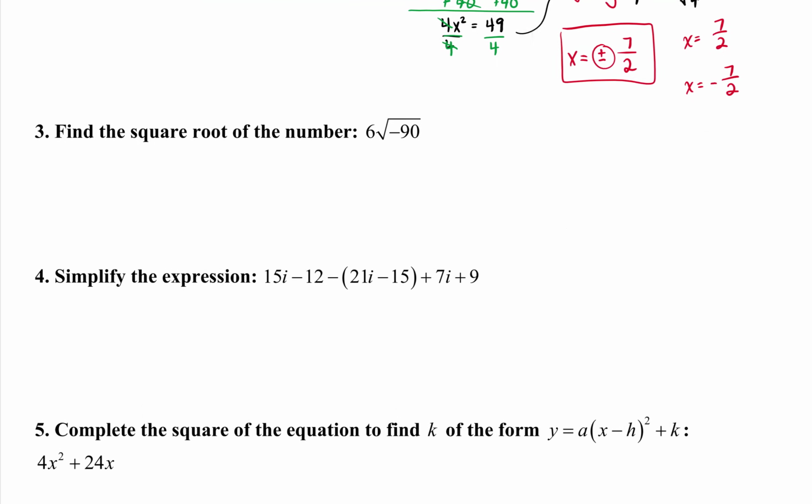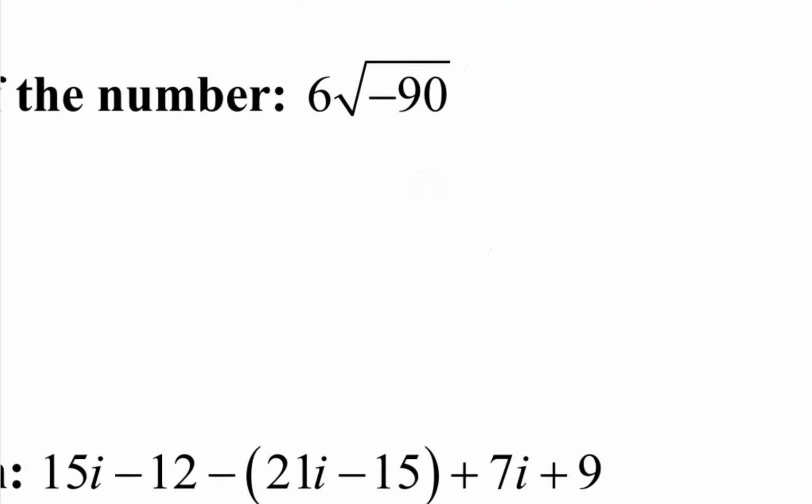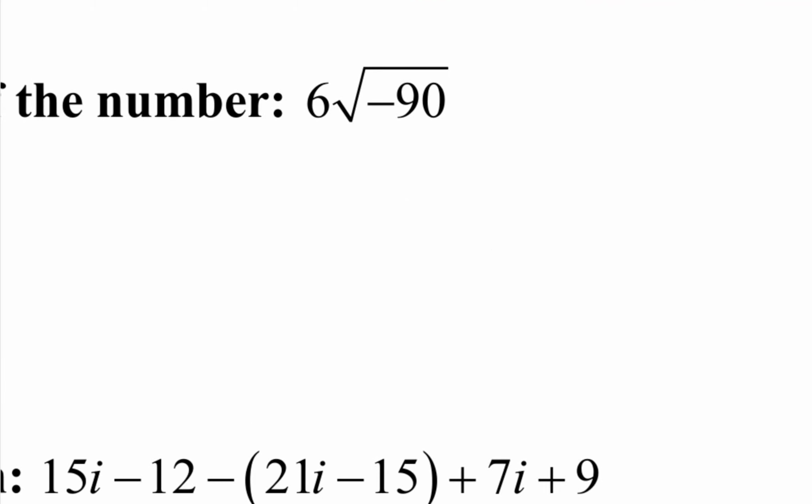Alright, number 3. Find the square root of the number. Okay, so I have 6 square root of negative 90. I'm going to focus on the negative 90 first, and then we'll do the 6 later because it's outside. So I have this negative that comes out as an i, and then I'm left with square root of 90.